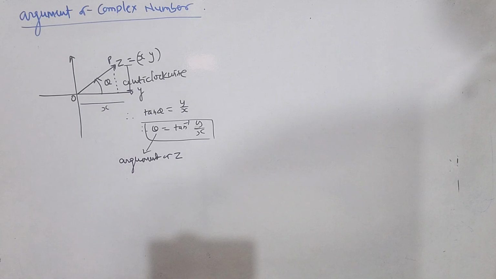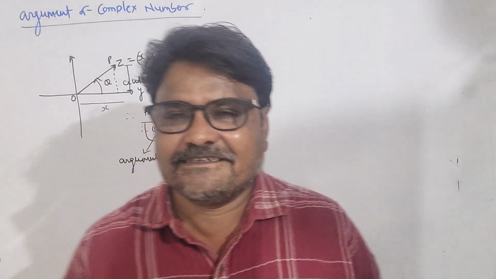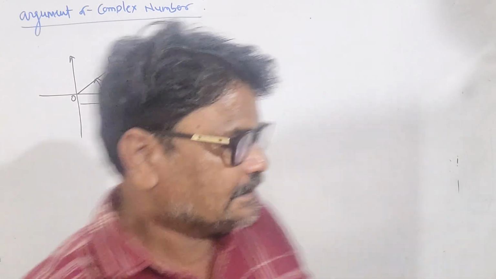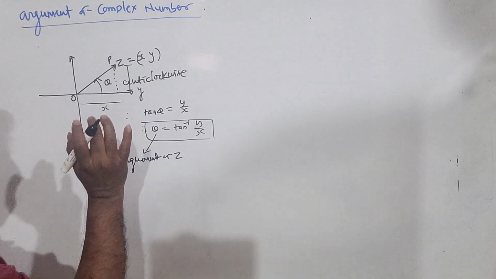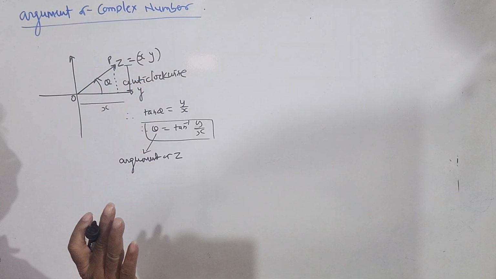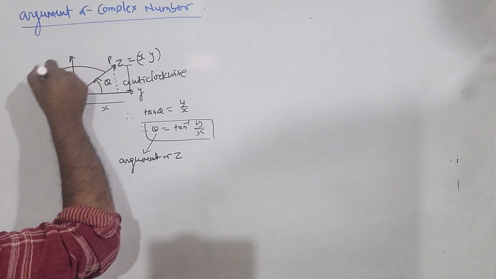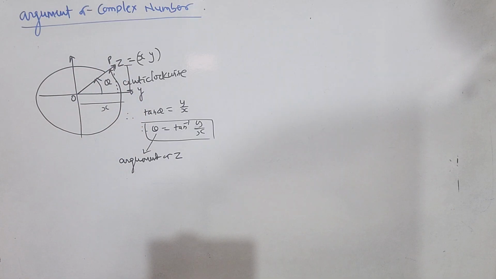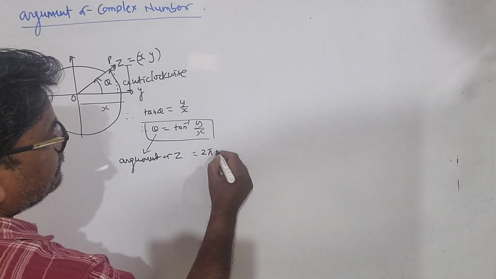of complex number z. But this is not the only point regarding the argument of a complex number. See, this is theta, which is the argument of z. This z is lying in the first quadrant, but if I rotate this and then come back to exactly the same position, at that time the argument of this complex number is 2 pi plus theta.